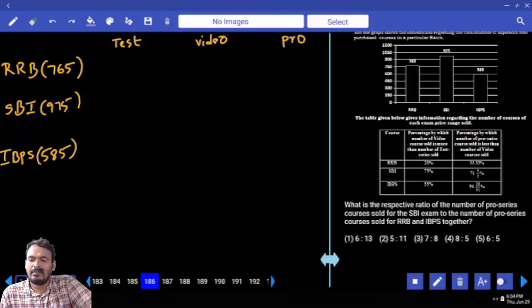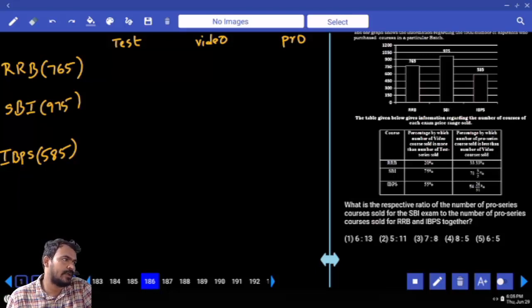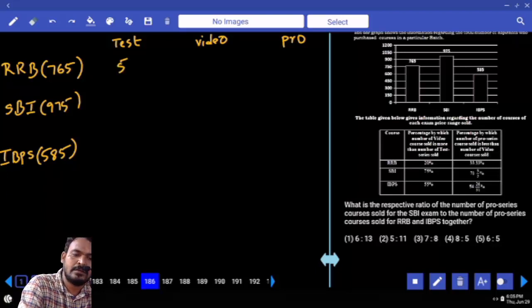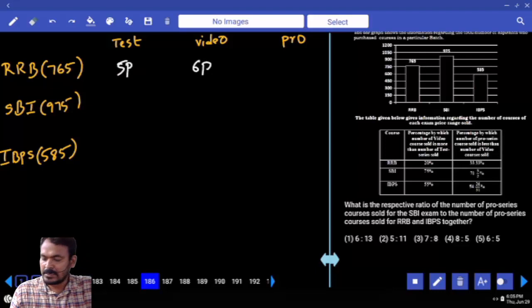Means video value compared to test series value, how much percent more? 20% more. 20% means what fraction? 1 by 5, means one is 5 parts, another one 6 parts. Test series is 5 parts, video course 6 parts.